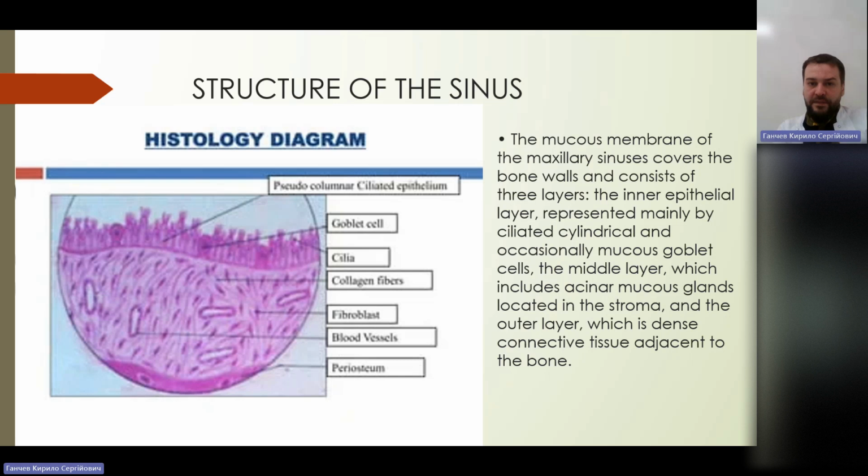The inner epithelial layer, represented mainly by ciliated, cylindrical, and occasionally mucous goblet cells. Hope I pronounced that well. The middle layer, which includes acinar mucous glands located in the stroma, and the outer layer, which is dense connective tissue adjacent to the bone. Oof.